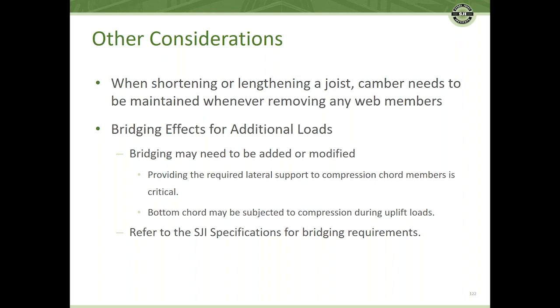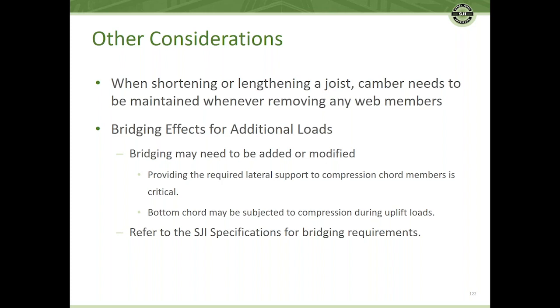Bridging for additional loads. Bridging may need to be added or modified, provided the required lateral support of the compression top chord is critical. Like we talked about when we're adding joists, we need to be aware of that. And the bottom chord may be subjected to compression during uplift. A few years ago we were not designing all joists for uplift. For example, in California, we weren't designing joists for uplift.